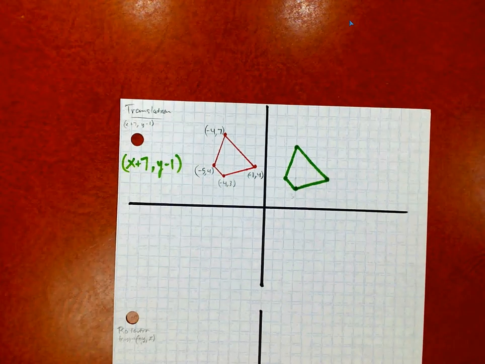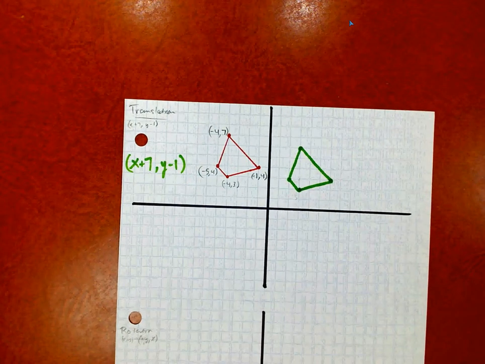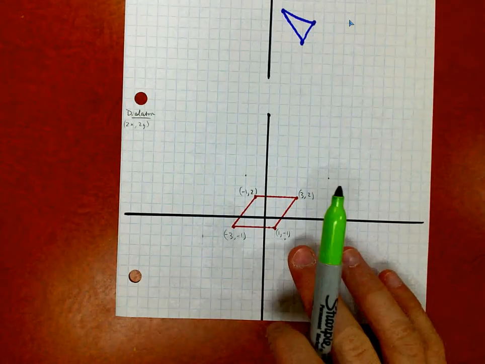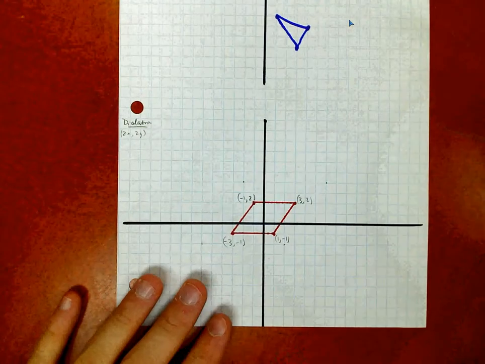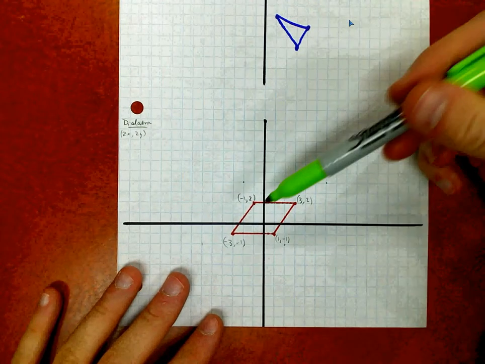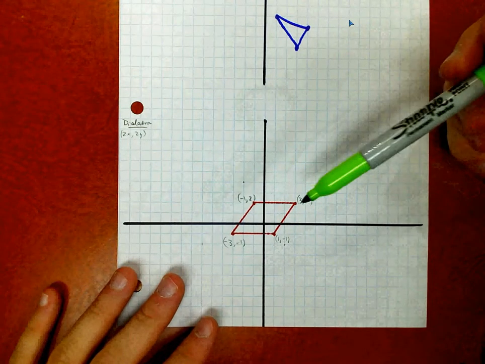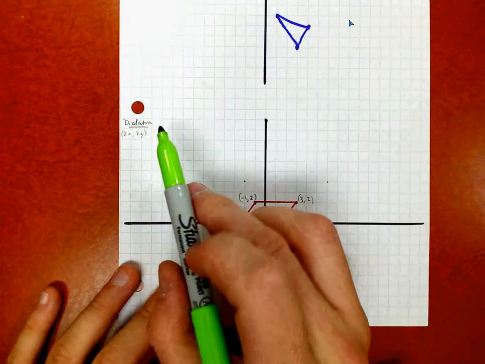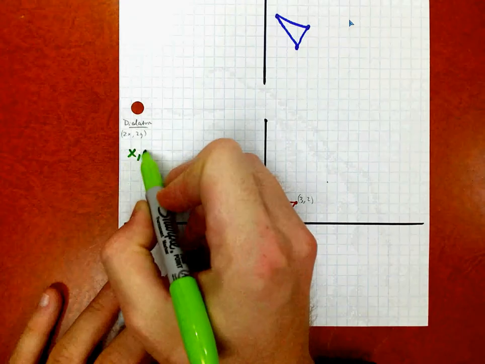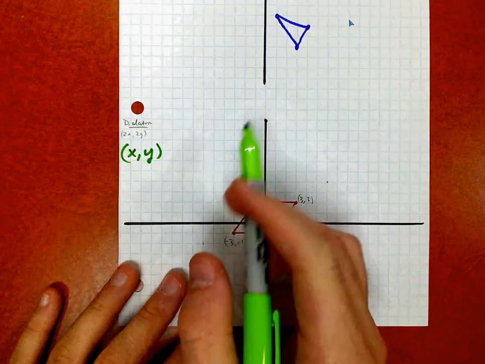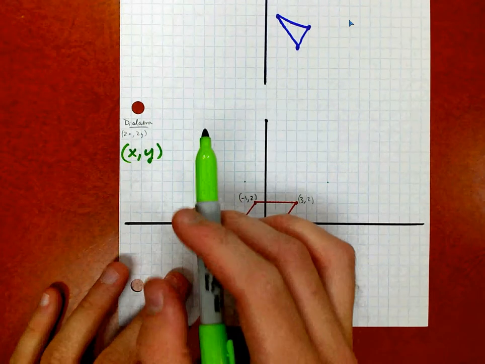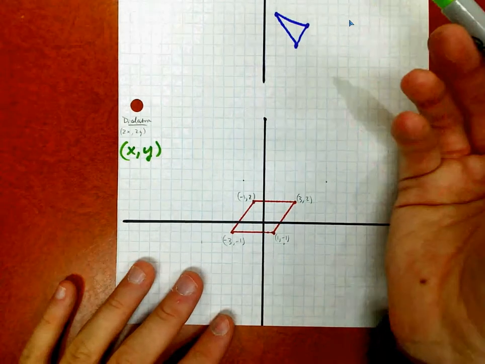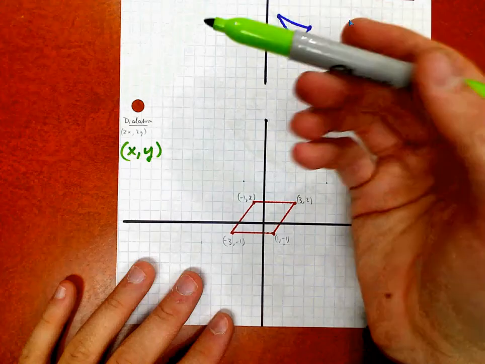Now let's take a look at the third one that we discussed earlier, which was our dilation. In a dilation, this is the only one where the size of the image is going to change. In a dilation, every ordered pair gets multiplied by a constant value, as opposed to the translation, where we added or subtracted a value to all of the ordered pairs.